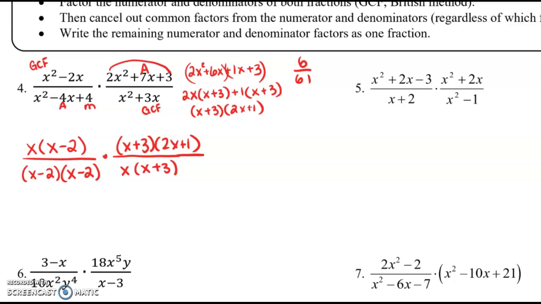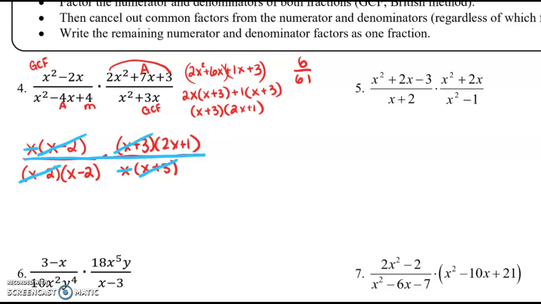For simplifying this fraction, I'm basically going to act like it's one big fraction. If I have one binomial or monomial in the numerator and the same one in the denominator, I can cancel it. The x plus 3's is a great example: I have one in the numerator, one in the denominator, so I can cancel it. X minus 2, I can cancel 1 in the numerator and 1 in the denominator.